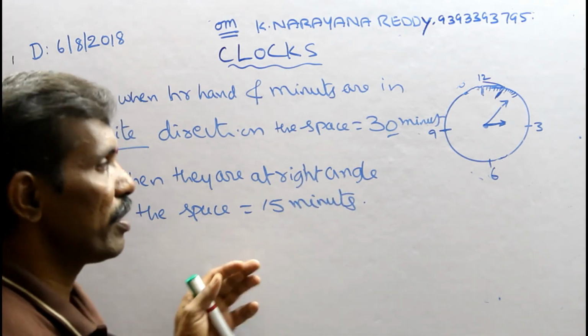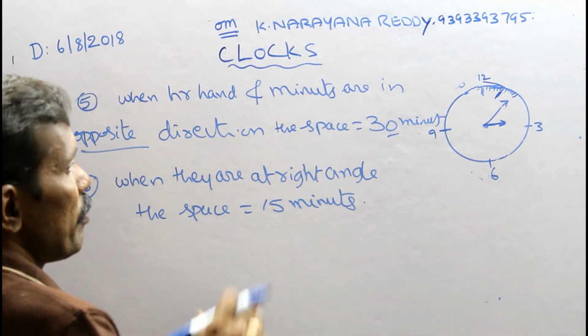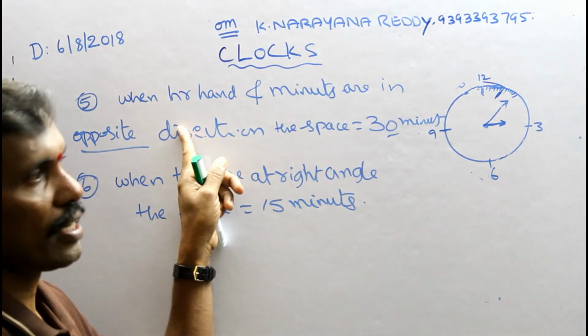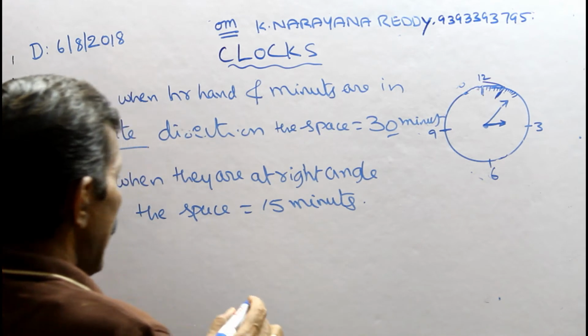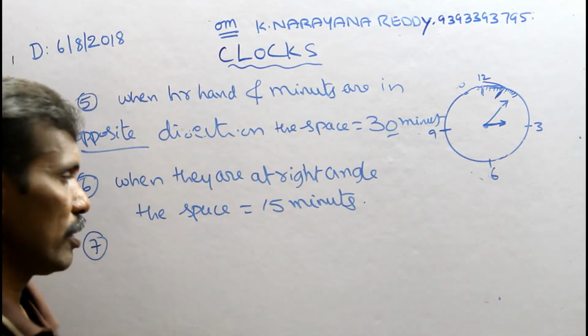That is the difference between the minute hand and the hour hand. Okay, 30 minutes for opposite direction, 15 minutes for right angle, and straight line. Actually there are 60 parts.